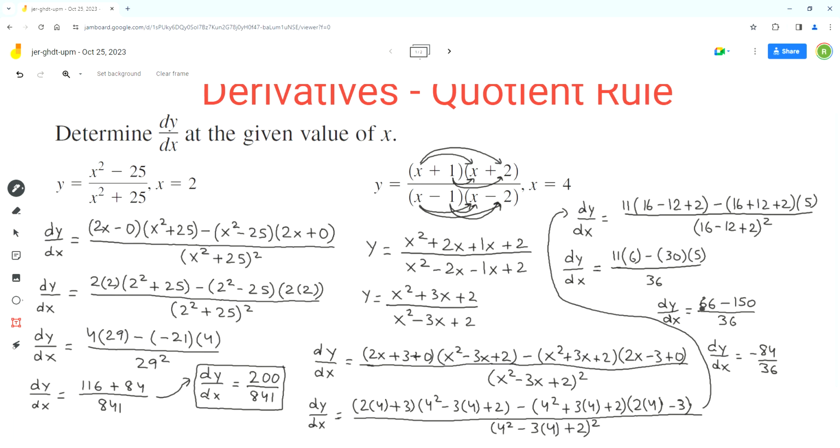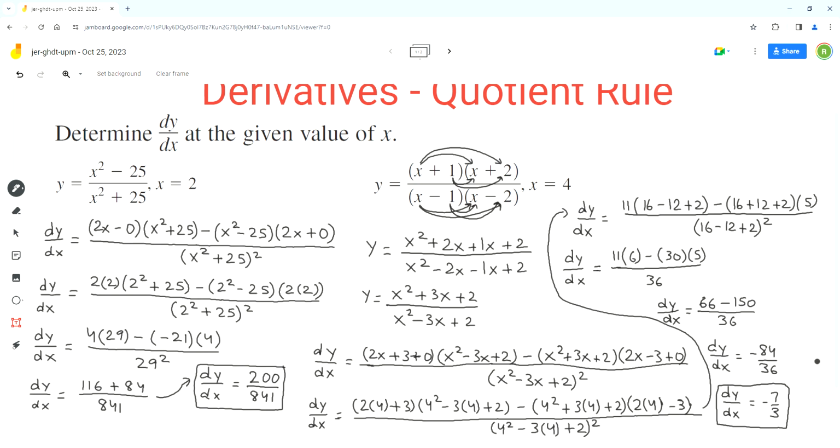And this fraction can be reduced to just negative 7 over 3. So this should be the final answer for the value of dy over dx for this function at x equals 4.